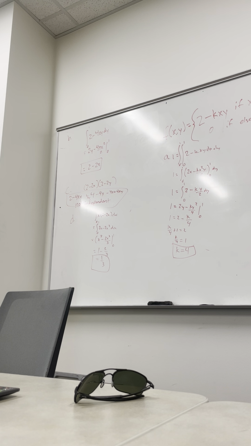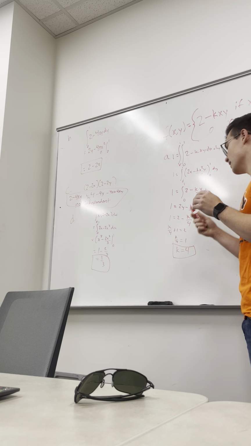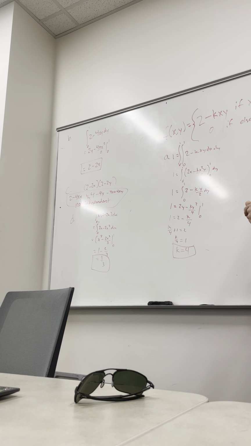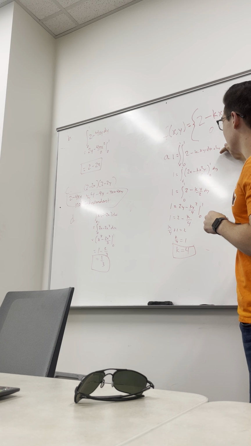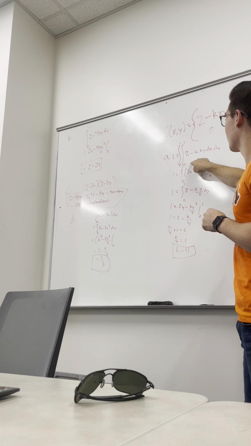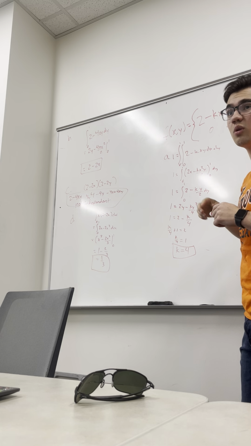Okay, we ready to talk about parts A through D? All right, cool. So part A, to find the constant k, we need to set the double integral of our joint PDF equal to 1 and solve it out. We set up the integral like this. It doesn't matter if you first integrate with respect to x or with respect to y.